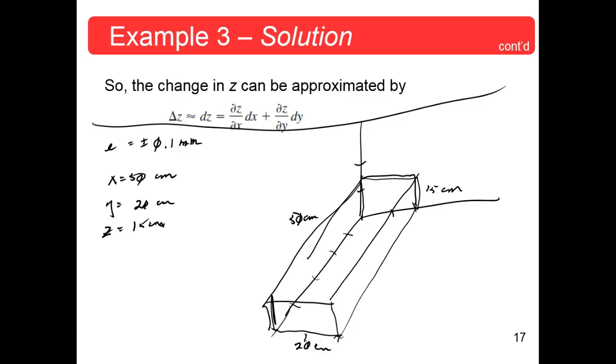The dV is equal to partial of V with respect to x dx plus partial of V with respect to y dy plus the partial of V with respect to z dz.